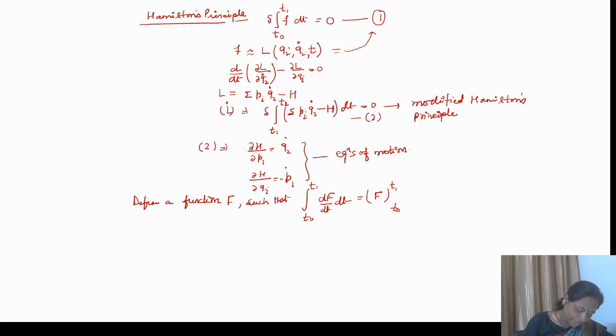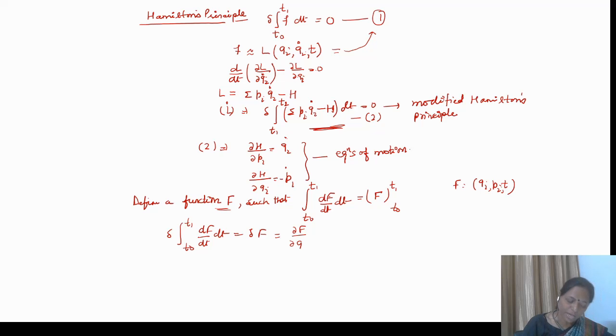And if I take the variation delta of the integral of dF/dt dt, then it will be the variation of F. This F is a function of qi, pi and t, because you are working in the phase space. F is defined in the phase space, so F is a function of qi, pi and t.